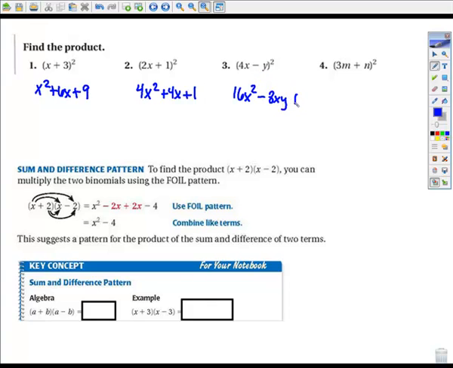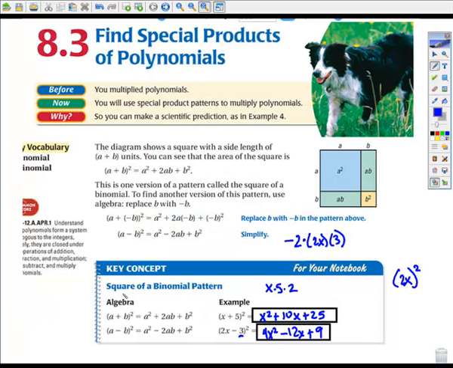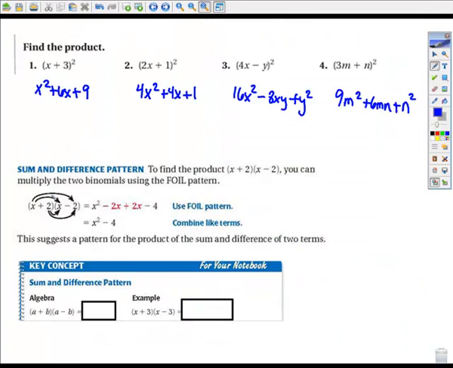And then y squared at the end. 3m squared is 9m squared. 3m times n is 3mn, times 2 is 6mn, and n squared is just n squared. So there are your shortcuts for this. And again, that was the square of a binomial. So you'll have a binomial, two terms, and it will be squared.